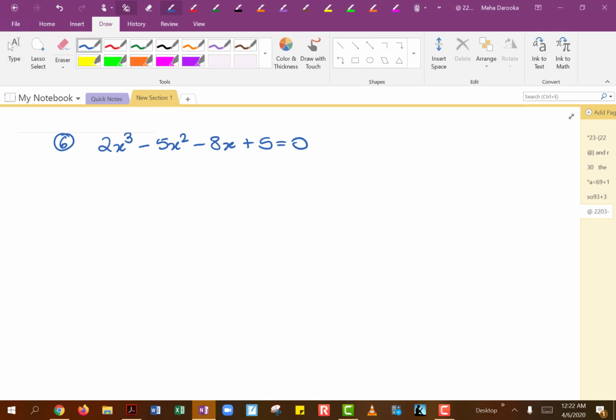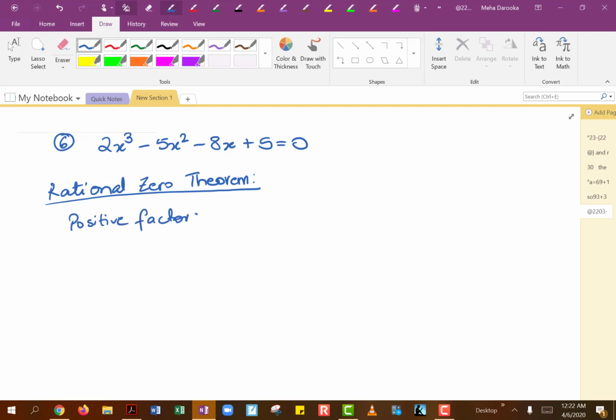So we're actually going to start with our rational zero theorem first. Remember, this is where we take the positive factors of our constant term, which is the number 5.